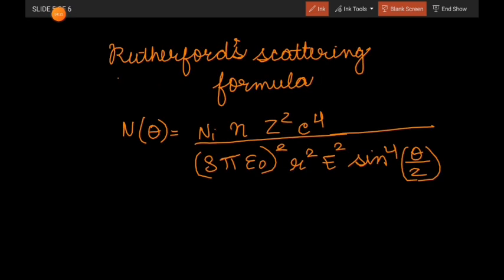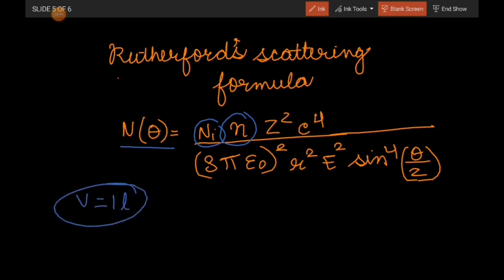When we talk about the Rutherford scattering formula for the same, we have N theta, the number of alpha particles, equal to Ni, the total number of alpha particles which reach the screen, multiplied by n. This n is the number of atoms per unit volume, means how many atoms are present in 1 meter cube.